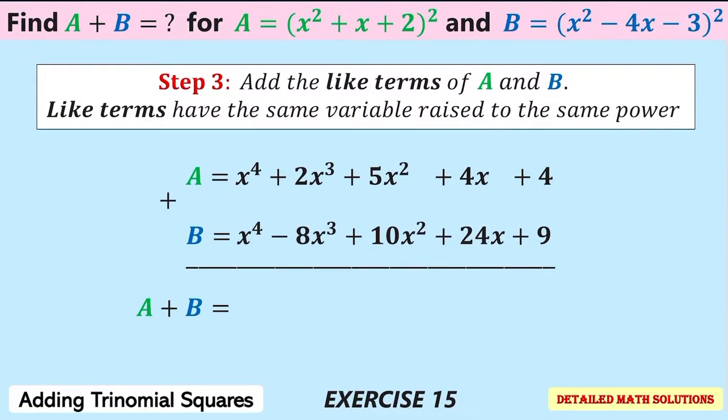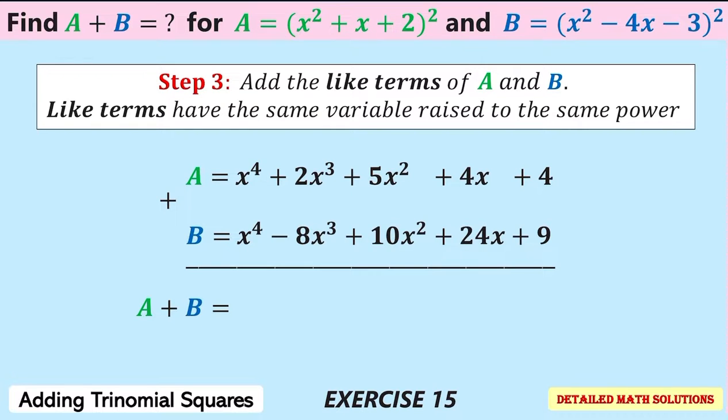As the next step, I just need to add A and B and find the resultant polynomial. To do that, I need to add the like terms of A and B, and it's more convenient to do that in a column.